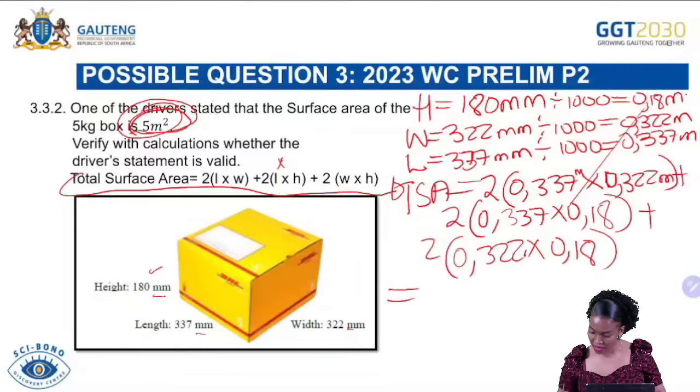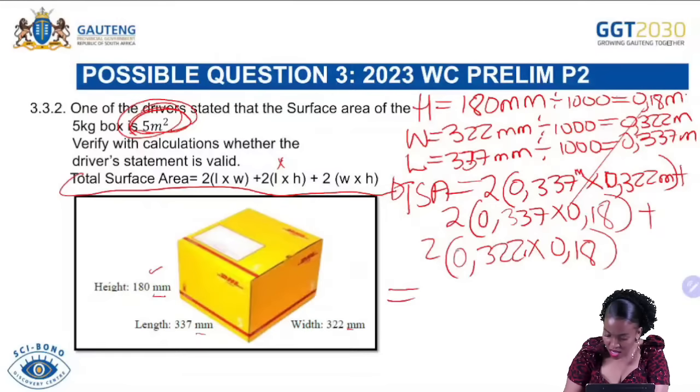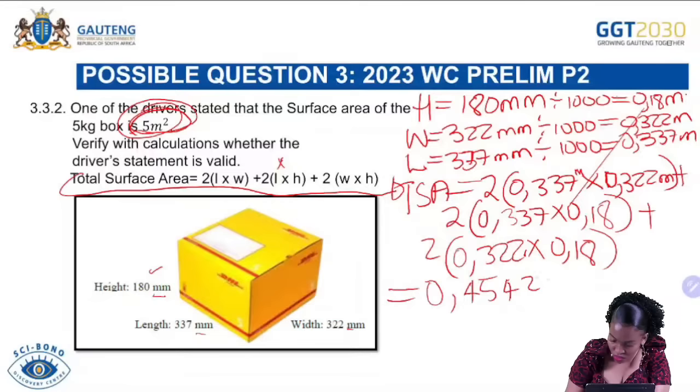0.337 multiplied by 0.18, close the bracket, plus 2 into 0.322 multiplied by 0.18, and then we close the bracket. And then what is the answer? I am getting 0.454268 meter squared.